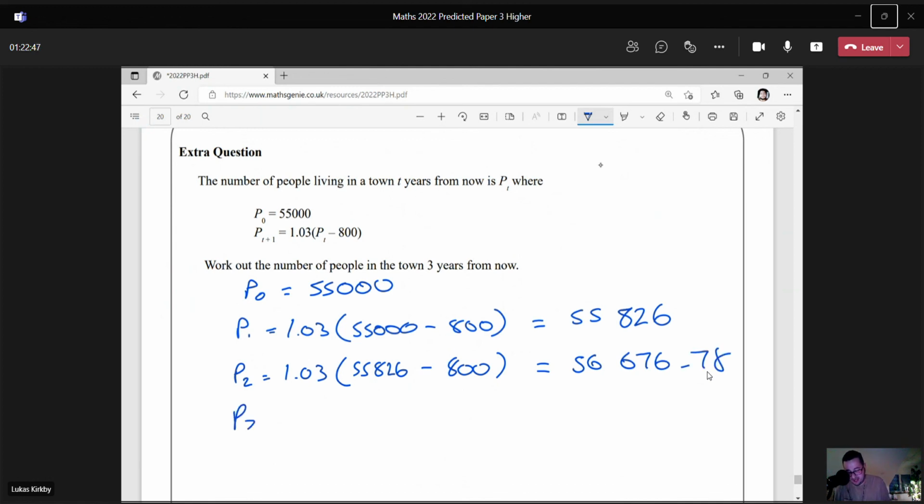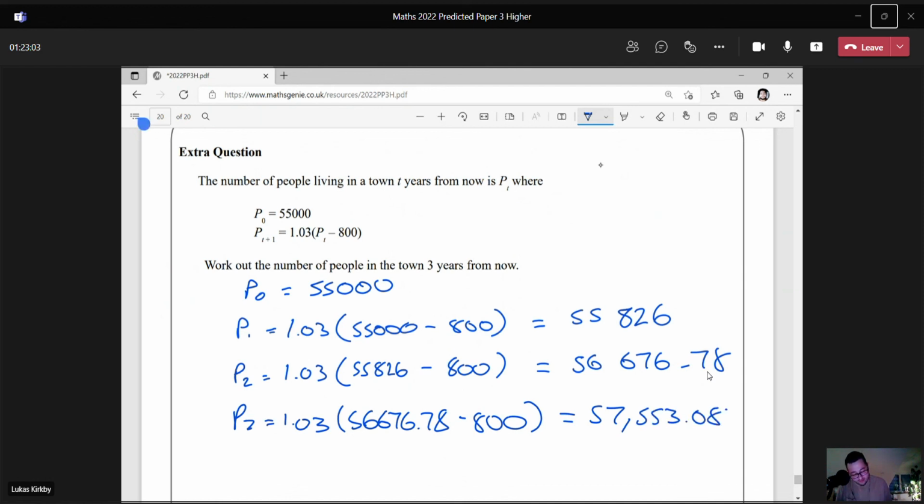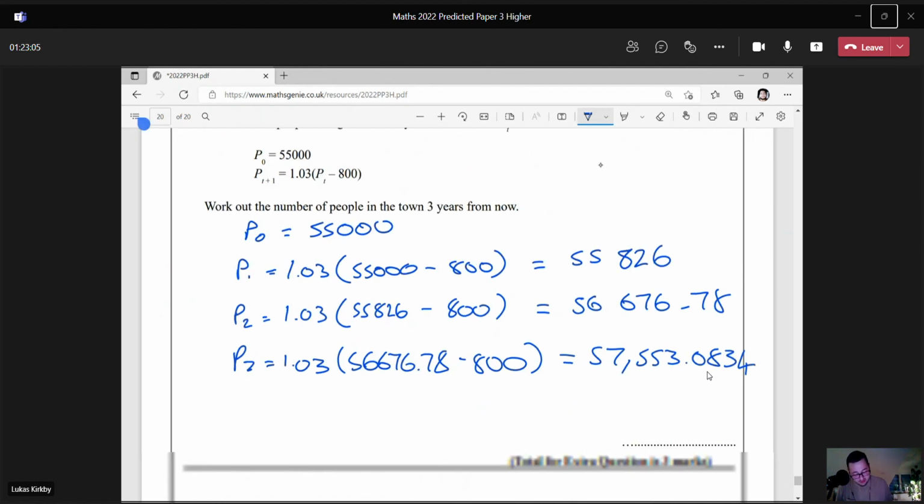And then finally, p_3, which is what we want, is 1.03 times this, 56,676.78, minus 800. And that is going to give me 57,553.0834, or to the nearest person, 57,553. All right then, so that's that paper.